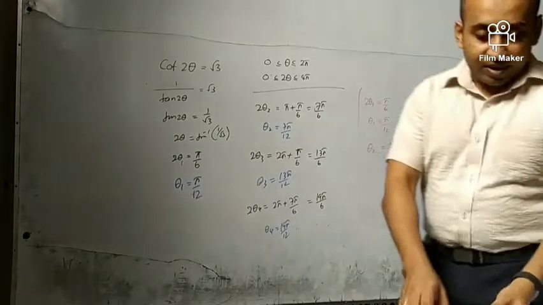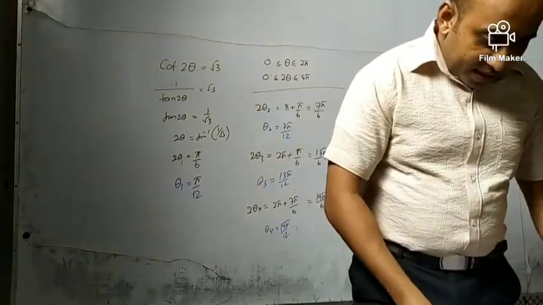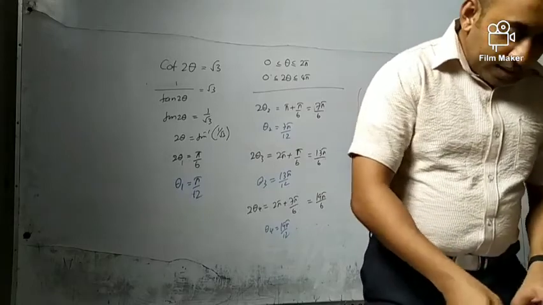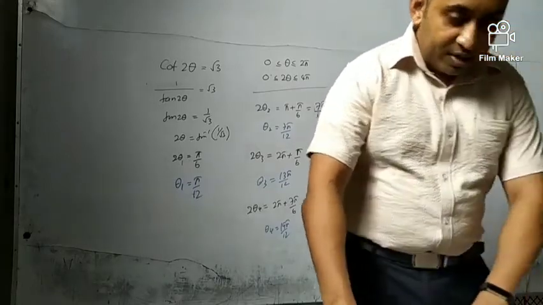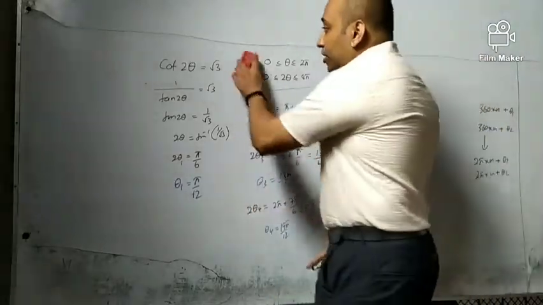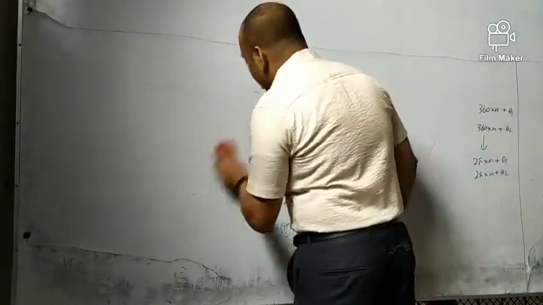Right. Then the next part of the question is, they may ask us to solve a trigonometric expression, because we need simplification to do further questions which are based on trigonometric equations.